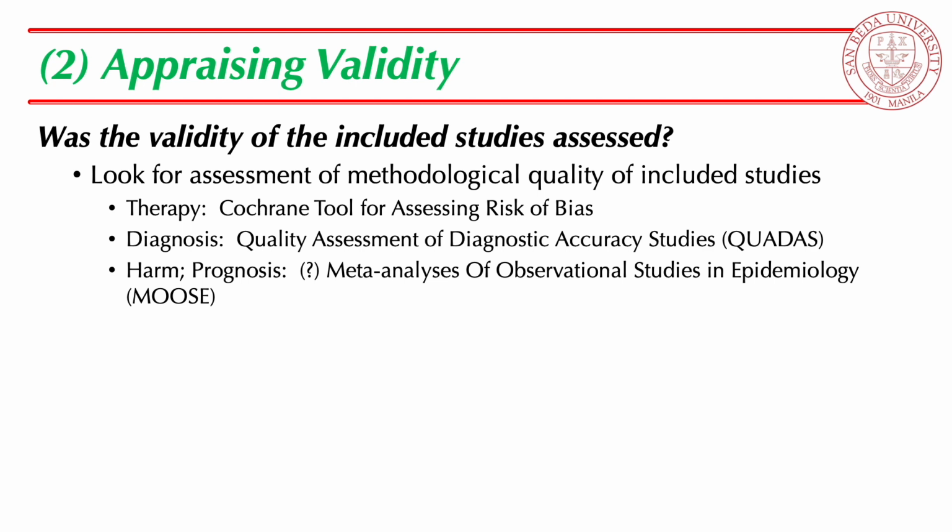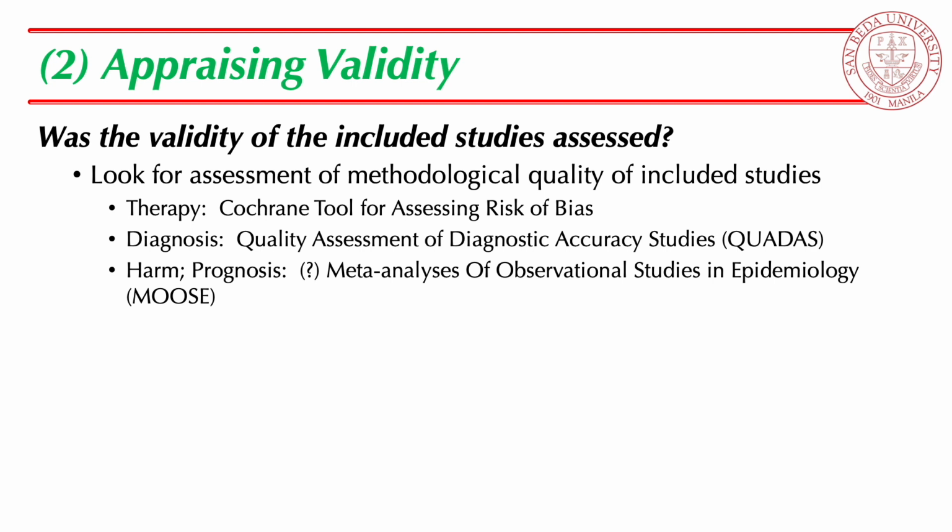Those on therapy very often make use of the Cochrane tool for assessing risk of bias, while those on diagnostic accuracy very often make use of the Quality Assessment of Diagnostic Accuracy Studies tool, or QUADAS. So far, no tool specific for SRMAs on harm or prognosis has been devised. Such studies alternatively use the Meta-Analyses of Observational Studies in Epidemiology tool, or MOOSE, instead.